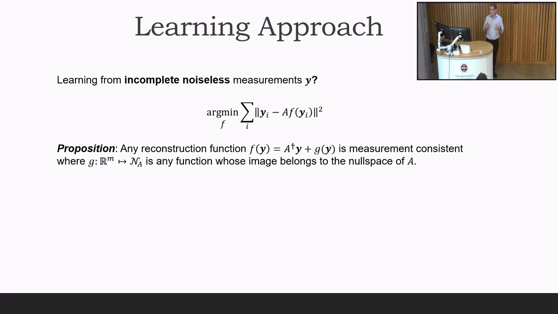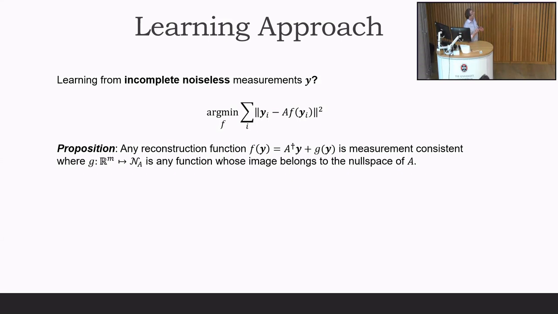If we've got incomplete, so we're going to consider for now just noiseless, incomplete measurements Y. How do we do the learning? Well, as Julian mentioned, we don't see what happens in the null space.